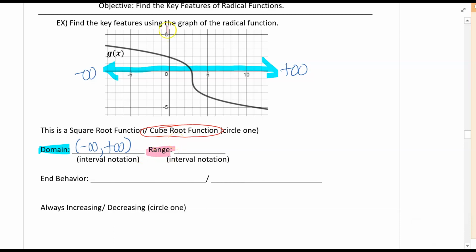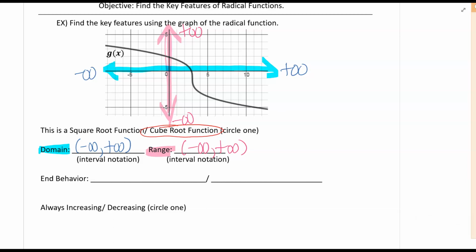So you highlight the whole y-axis in your other color. From bottom to top this time, it's negative infinity to positive infinity. The domain and the range are always the same for the cube root functions. The only thing that's going to change is the end behavior and if it's increasing or decreasing.